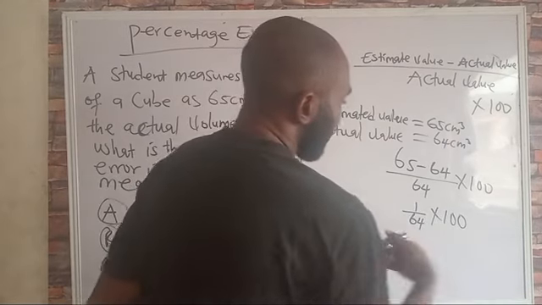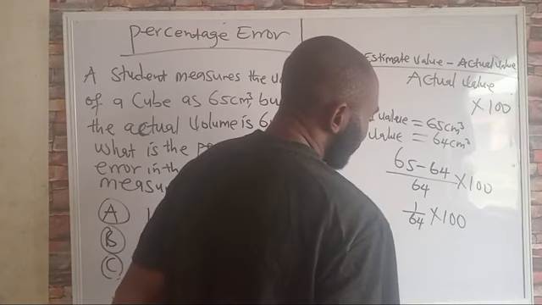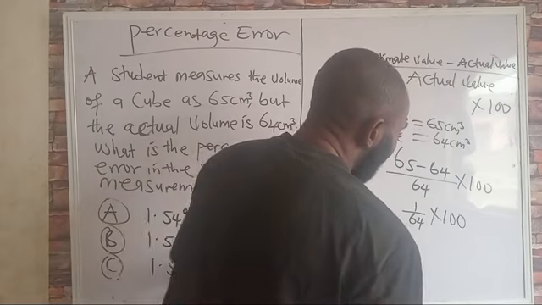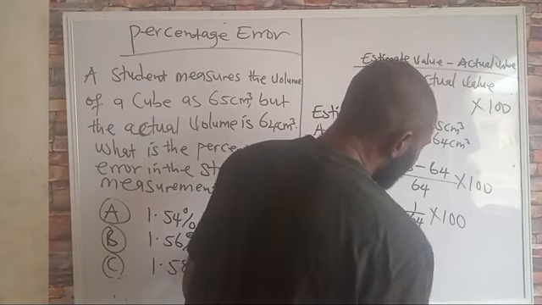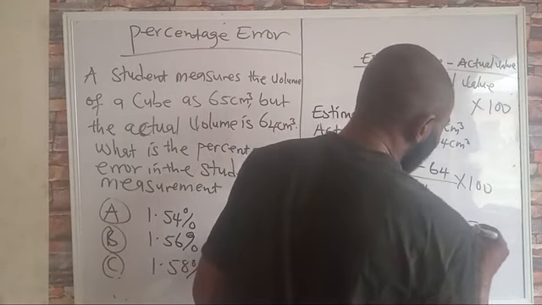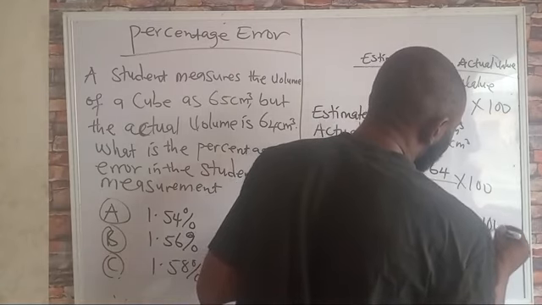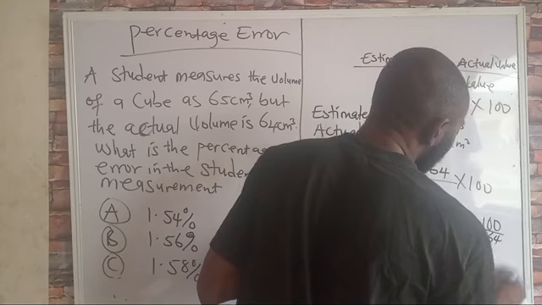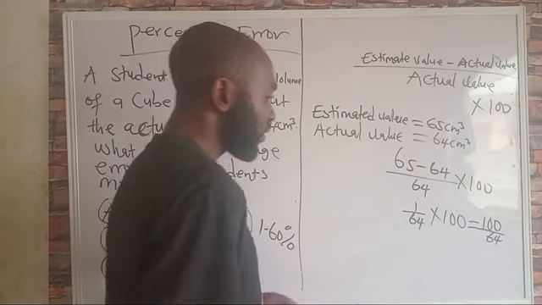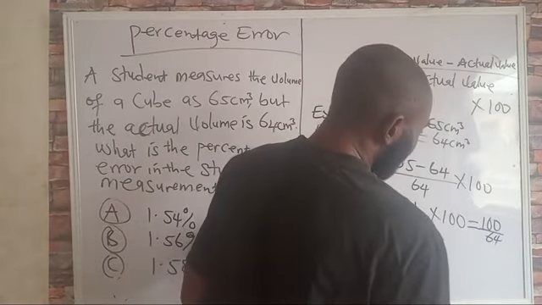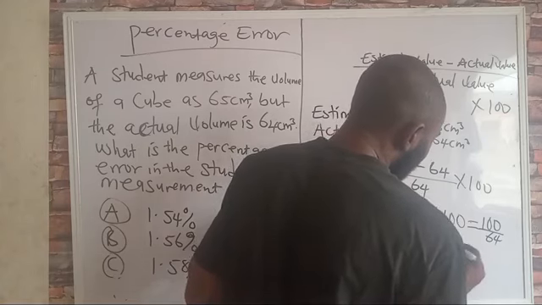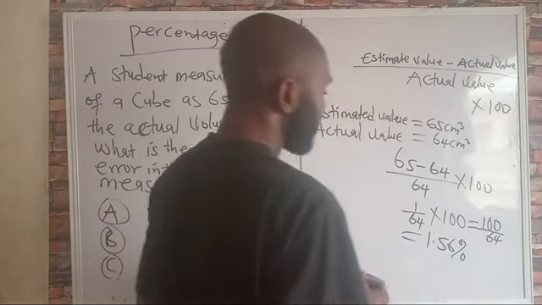So if you do everything correctly, you're going to have 1 times 100, the same thing as 100 all over 64. Okay, so if you divide, you are going to have 1.56%.